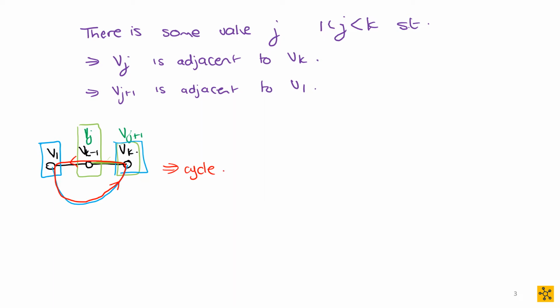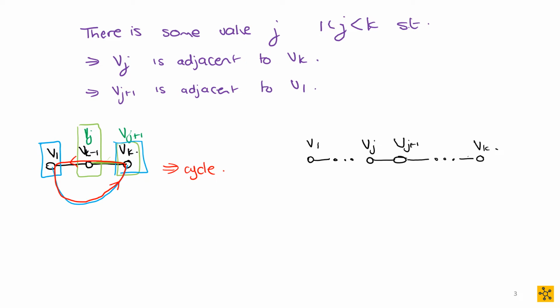So let's just extend this to more vertices. So again, we have V1. It continues on until we have some Vj. We have some Vj plus 1 happening there, and it continues on to Vk.